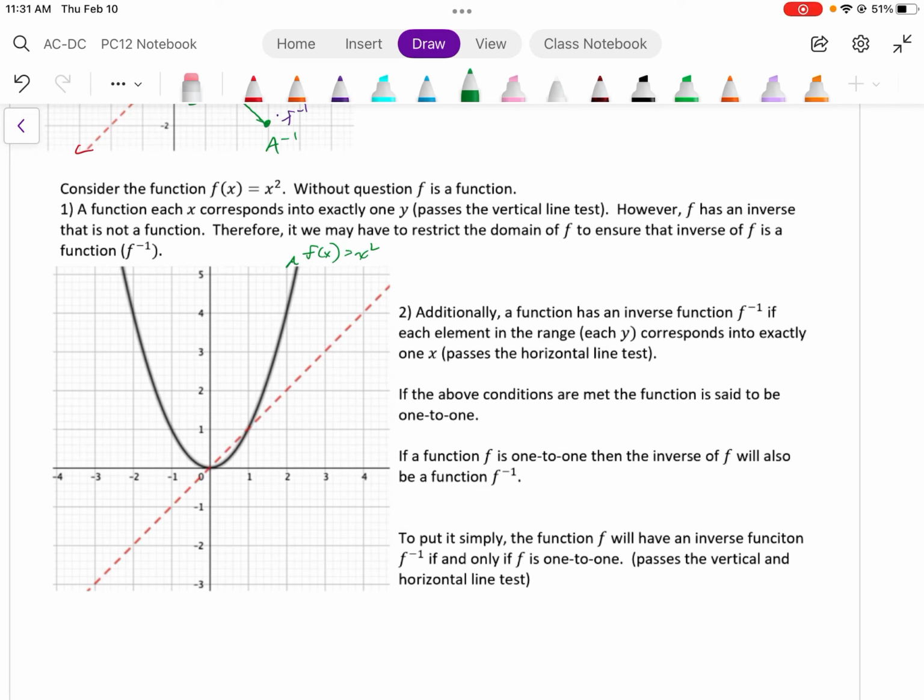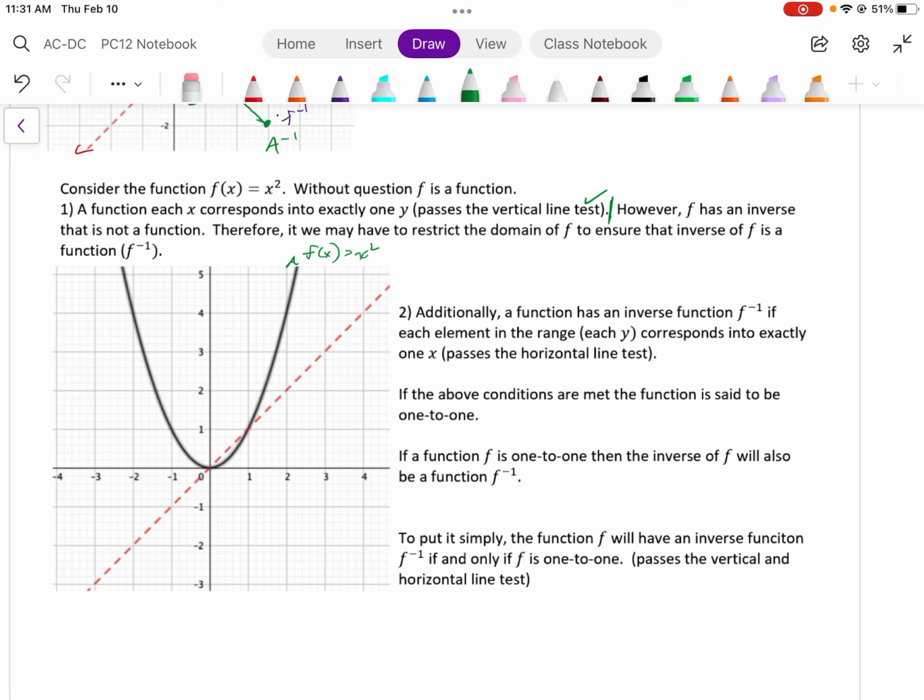We have the vertical line test to ensure that each x maps into exactly one y, because if an x maps into two y's, it is not a function.